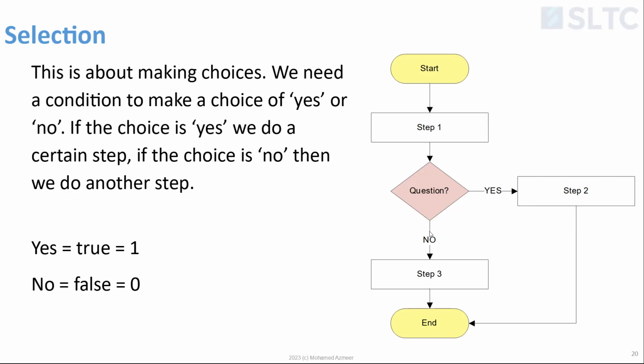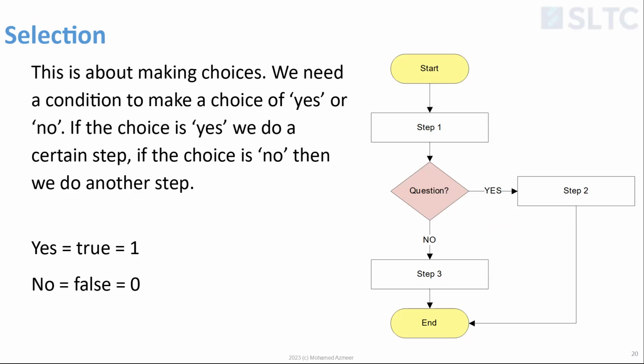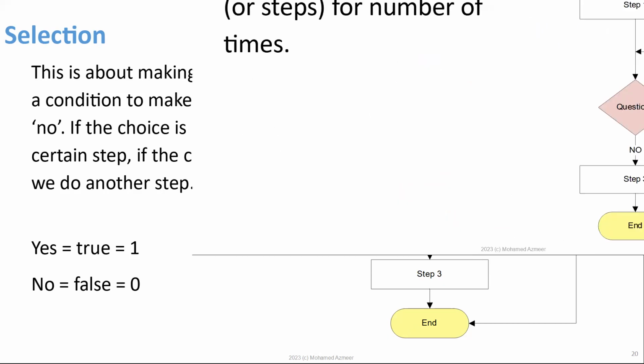By the way, I've used yes and no. You can see here, yes means true, also means one. No means false, also means zero. If you notice this one and this one, they look the same, but there is a big difference as well here.